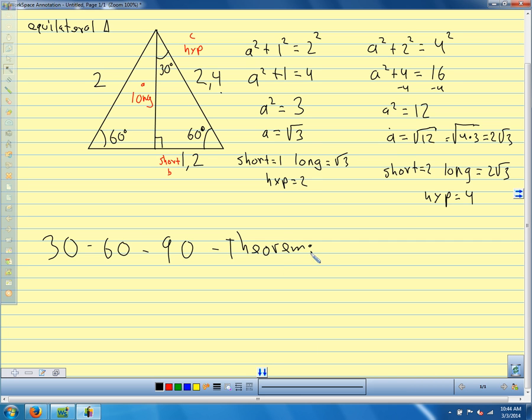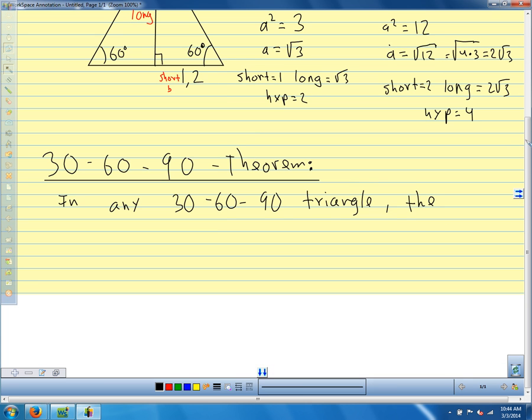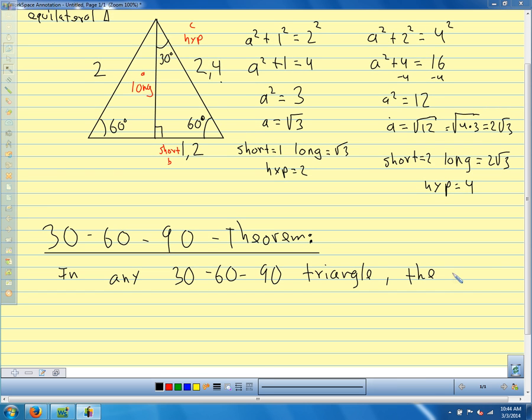So our 30, 60, 90 theorem says that in any 30, 60, 90 triangle, the hypotenuse is twice as long as the short side.